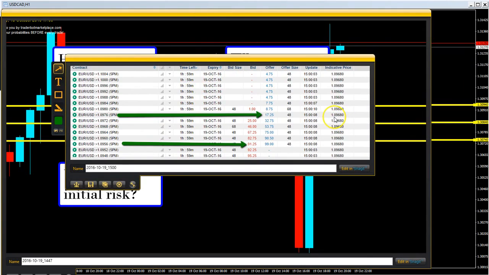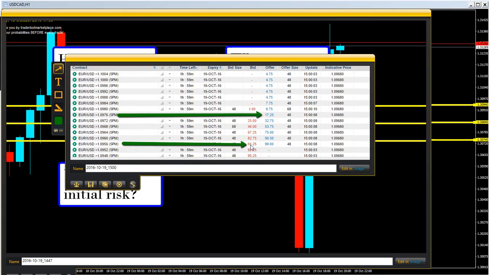Okay, the price right now, the spot price, is 109.68. Now, technically 10 pips above that is going to be 109.78, but since we don't have a strike there, the only one we have to choose from is 109.76, which is $17.25 to buy it, or 109.56 on the downside, 4.91, which is about $9.